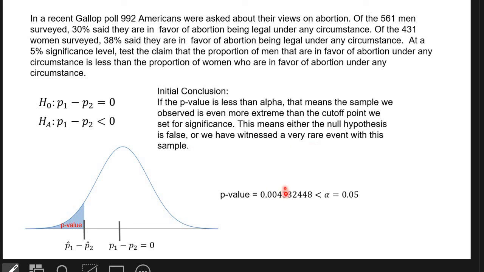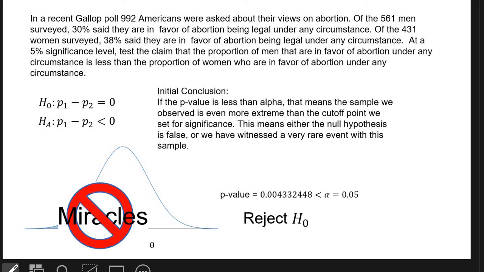So because my p-value is less than my significance cutoff, I'm going to reject the null hypothesis because we don't believe in miracles in statistics. So this distribution was a miracle, because if the null hypothesis is true and the actual center is 0, what we just observed in our sample was so far away that it would only have a probability of 0.4% of happening.